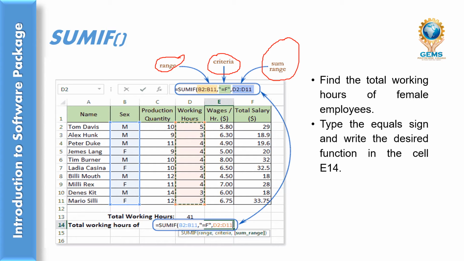The syntax is equal to SUMIF of B2 to B11, which is the range you want to count, then a comma and the criteria. The criteria is which one you want to add, for example male or female.